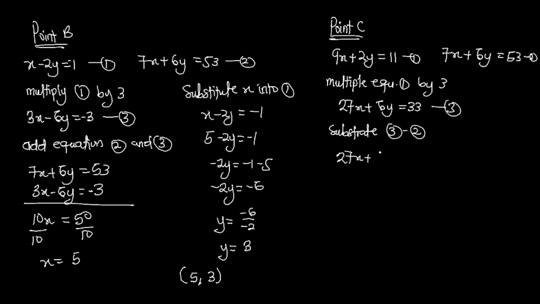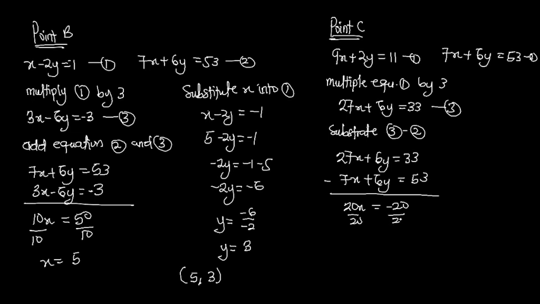So 27x plus 6y is equal to 33 minus 7x plus 6y is equal to 53. So 27x minus 7x will give me 20x. 6y minus 6y will give me 0. 33 minus 53 will give me negative 20. So if I divide both sides by 20, my x value becomes negative 1.